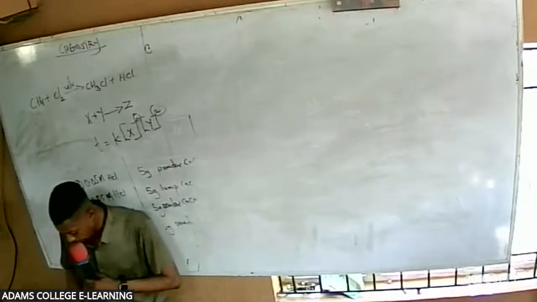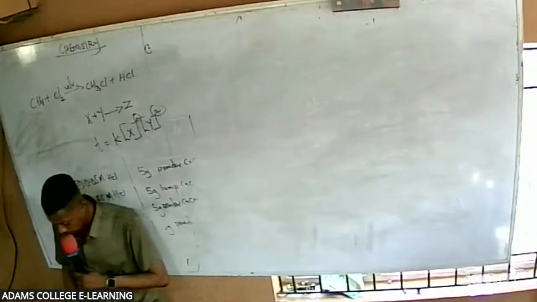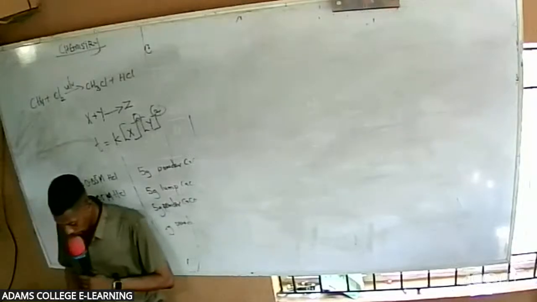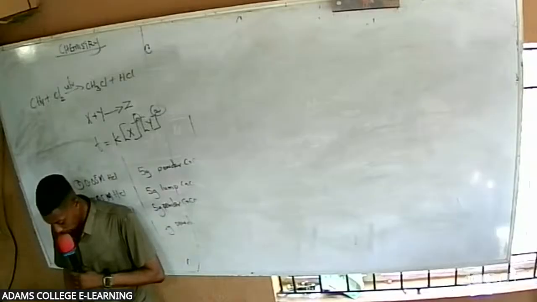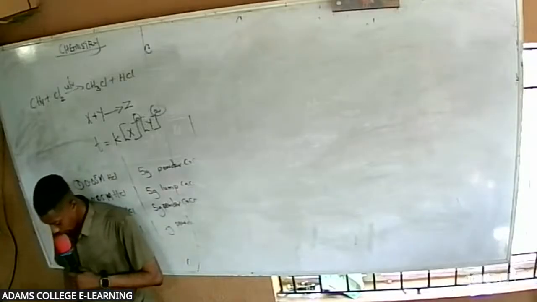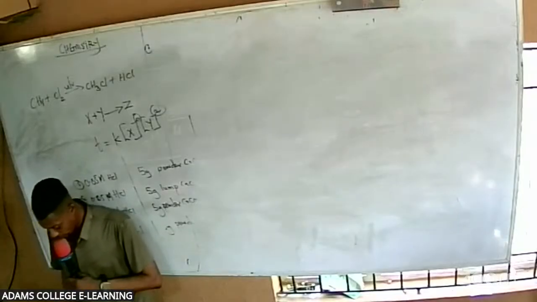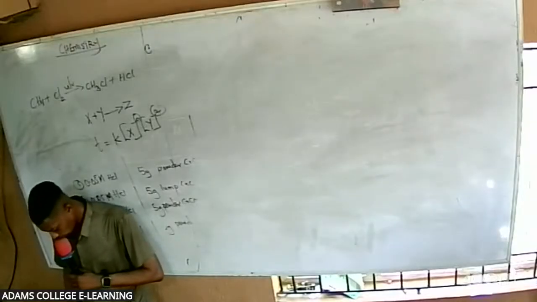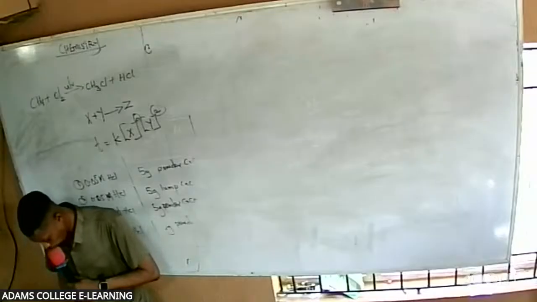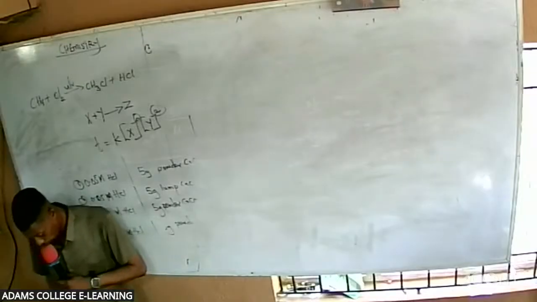Then in brackets, Ca equals 40, Cl equals 35.5. Then here we are given that the specific heat capacity of water is 4.18 kilojoules per mole.